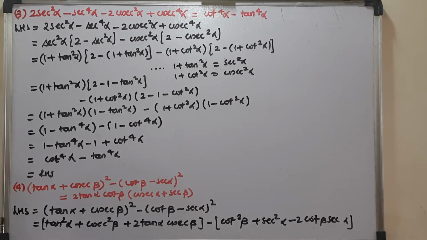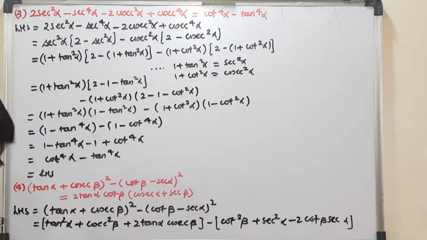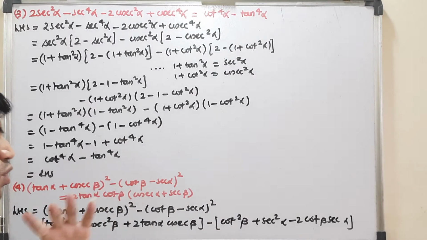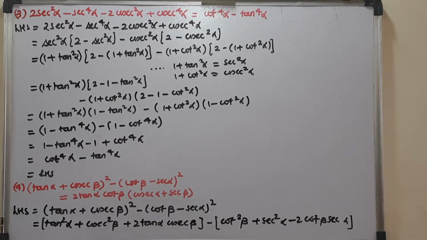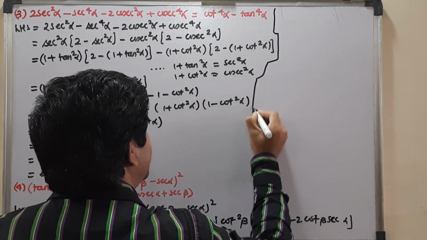Now once I go to this, tan square alpha I know can be expressed in terms of sec square alpha. Very good. Cosec square beta can be expressed in terms of cot square beta. So I will be using that only. That is my first thinking which I will be using over here.